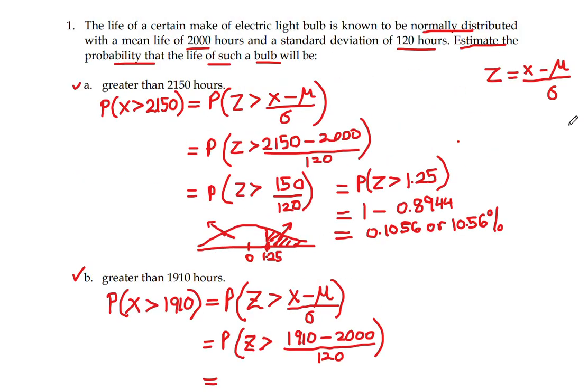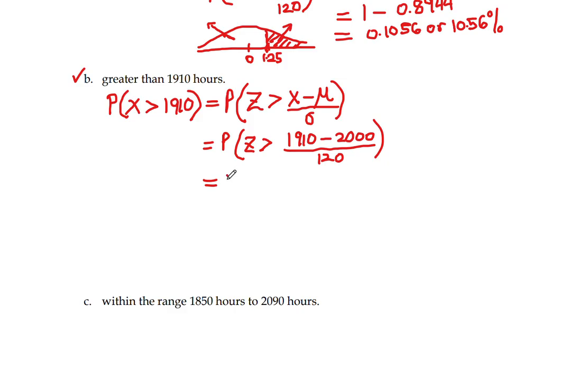Once you apply the formula here, z equals x minus mu all upon sigma, what you're doing is standardizing. So this becomes the probability that z is greater than, and we're going to take 1910 minus 2000, and this is going to give us negative 90 divided by 120, which is the standard deviation.